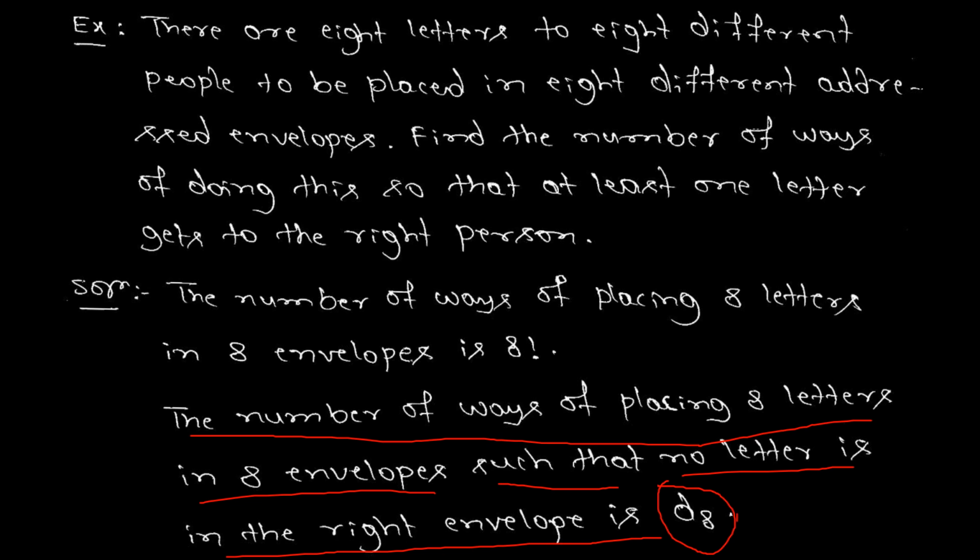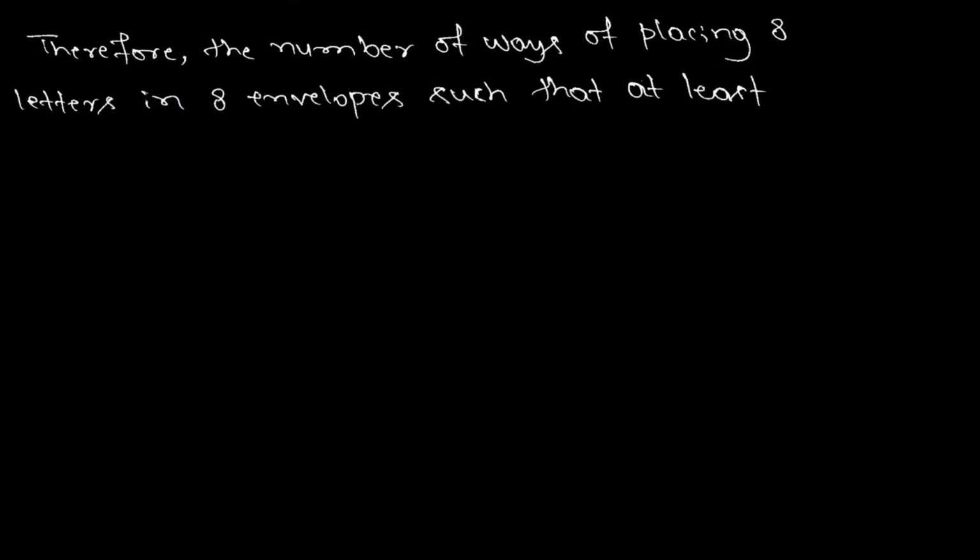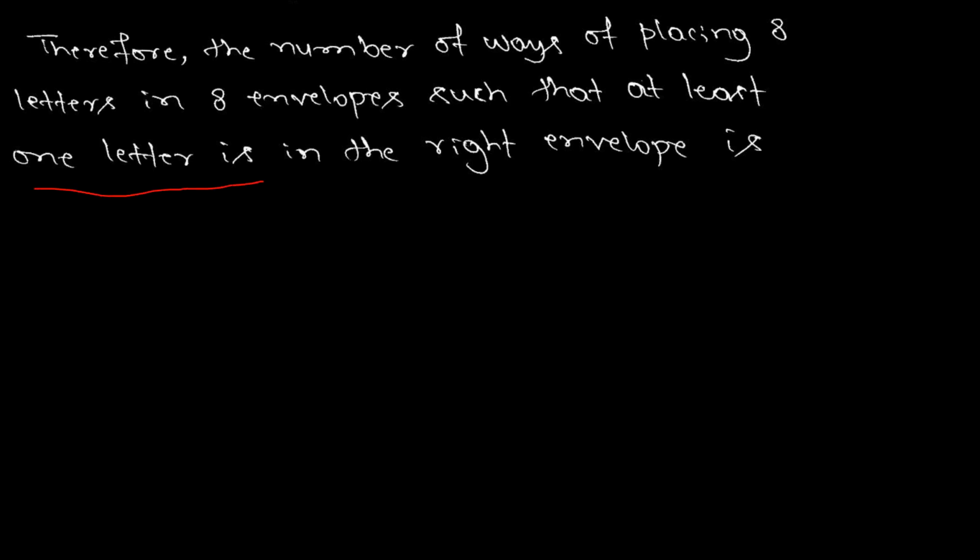Let us find out this first. Therefore, the number of ways of placing 8 letters in 8 envelopes such that at least one letter is in the right envelope is the universal set minus the derangement set. That is the number of elements in the universal set minus the number of elements in the derangement set.